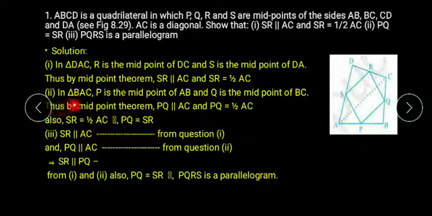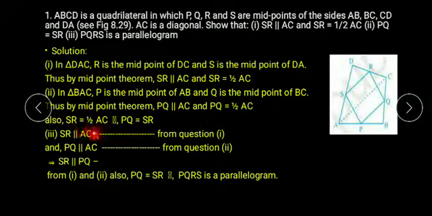Now let us take triangle BAC. In this triangle BAC, the same rule holds. P and Q are midpoints of AB and BC. So if we make the line PQ, then this PQ is always parallel to AC and the length of PQ is half of AC.